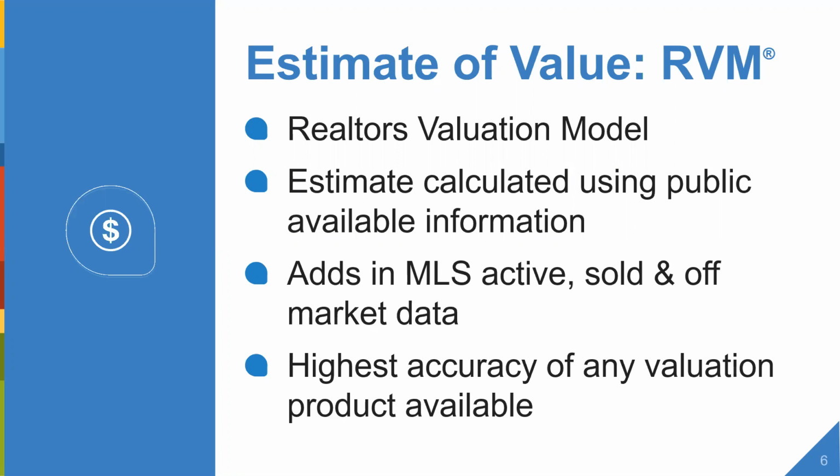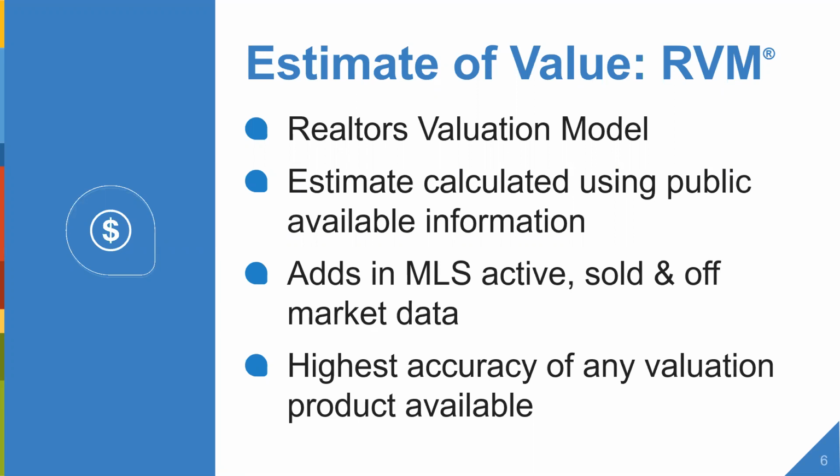Now, as far as the RVM goes, at the moment, it is one of the highest accuracies of any product that's available. If I'm not mistaken, it is in fact the most accurate. But I did want to mention as well, the RVMs are going to be displayed for a property only if the criteria for accurate results are fulfilled.